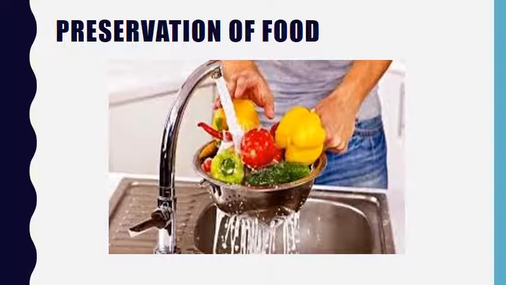So whatever vitamins and minerals are present inside the fruits and vegetables, when we cut them and then wash, all these vitamins and minerals will also be washed away with the water, and we will not get that much nutrient in our food. So before cutting them, first we have to wash them properly, then cut these fruits and vegetables.